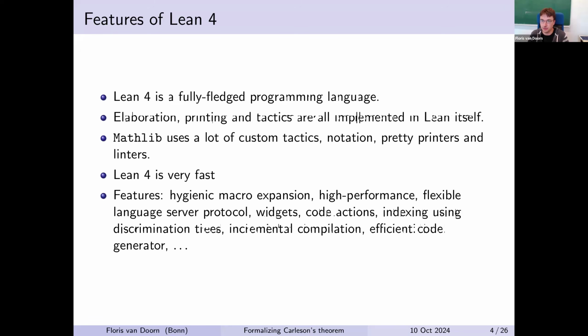For example, if you want to print existential quantifiers, you can tell Lean that if you have a term of the form there exists a natural number n such that n is smaller than 5 and something else holds, then that can be printed as there exists an n less than 5 such that something holds.